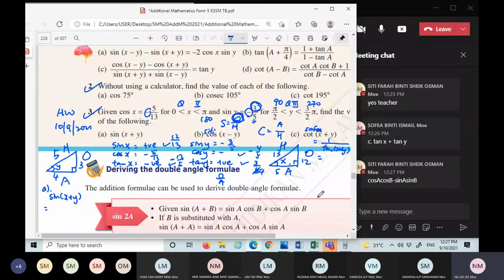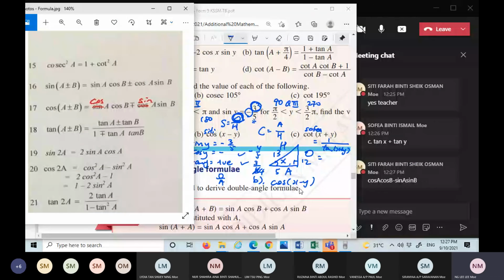Okay, Siti Farah. Okay, for the B, she do for the B, cos x minus y. Okay, let me see the formula. Cos x minus y, minus, you use the one bottom, so plus. So cos plus sine. Okay, so cos, the sign is wrong, Siti Farah.